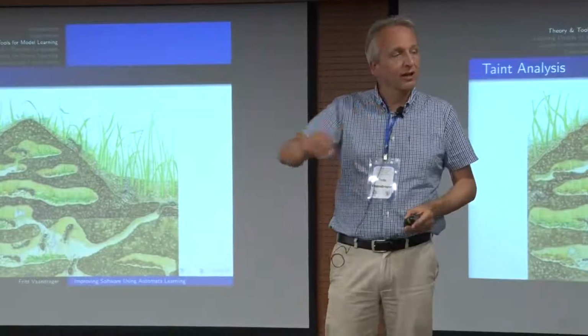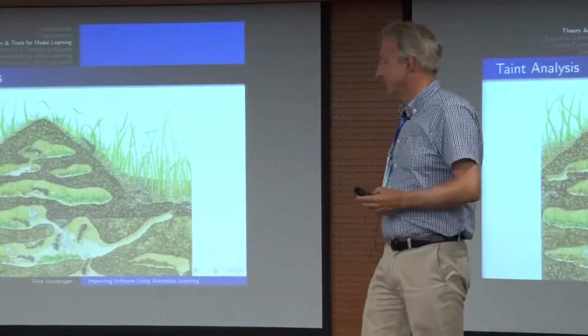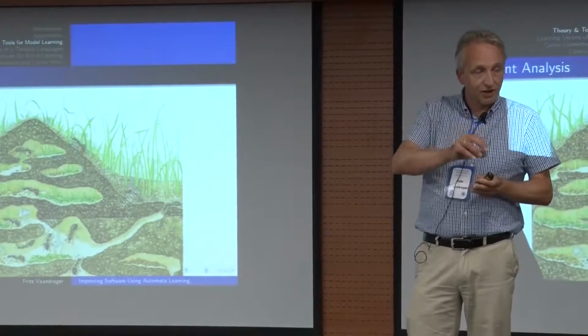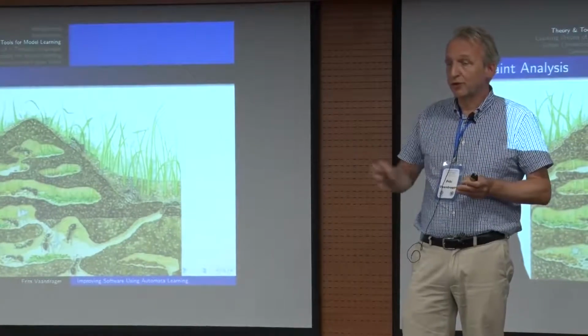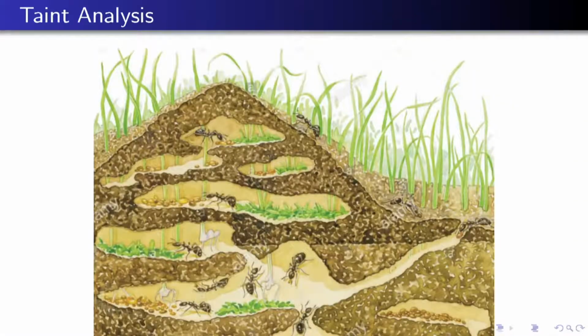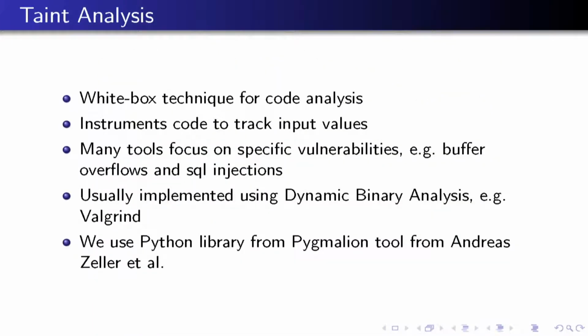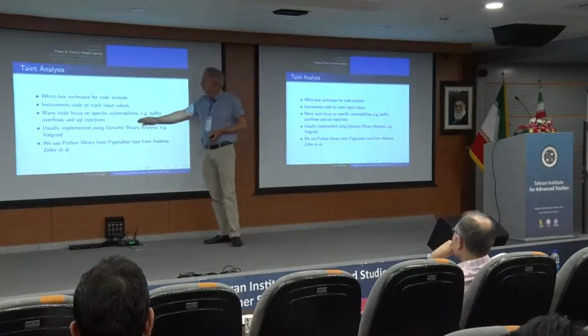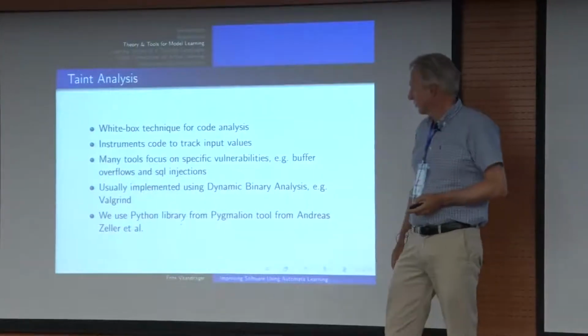They track what happens to values, and they give you information about the tests that have been carried out, the guards that have been evaluated, involving other input parameters of the system. There are lots of implementations of taint analysis, dozens of tools.